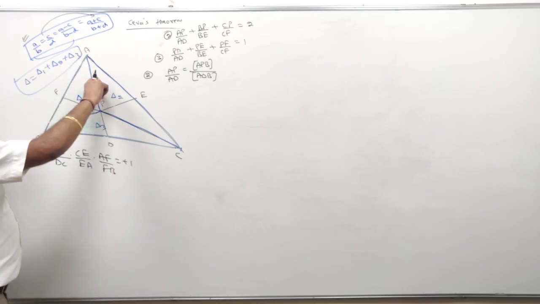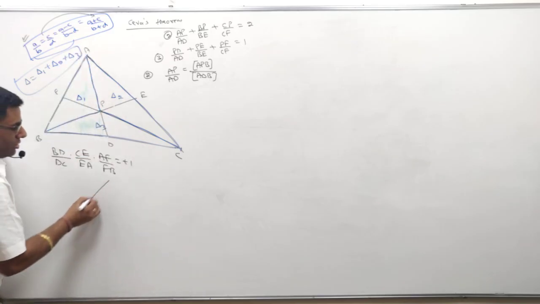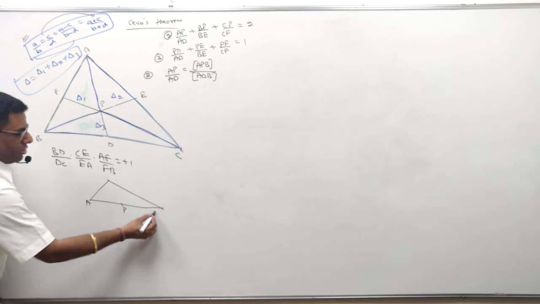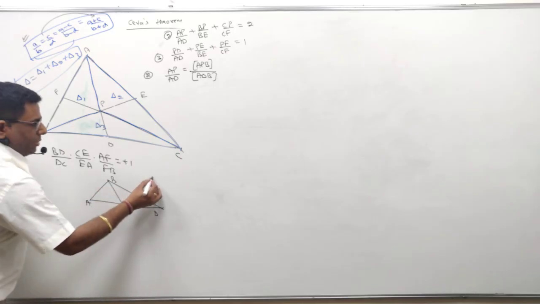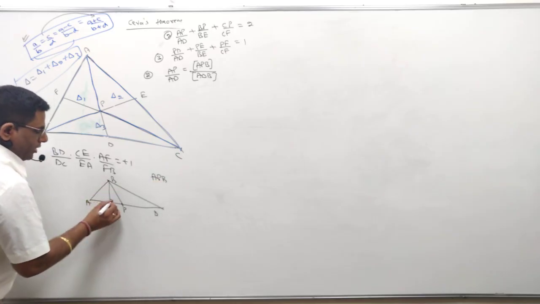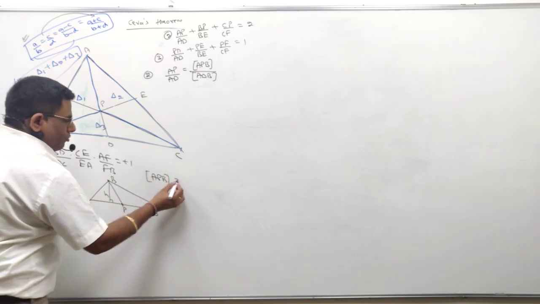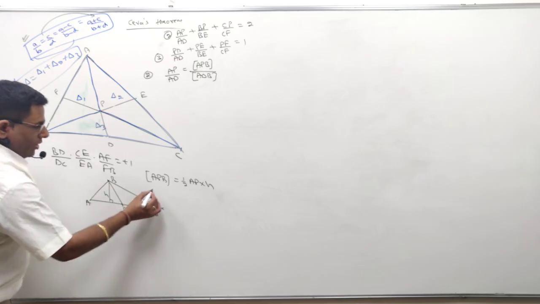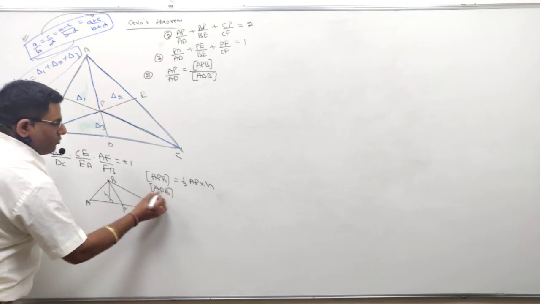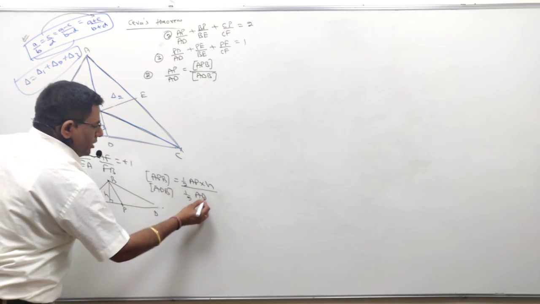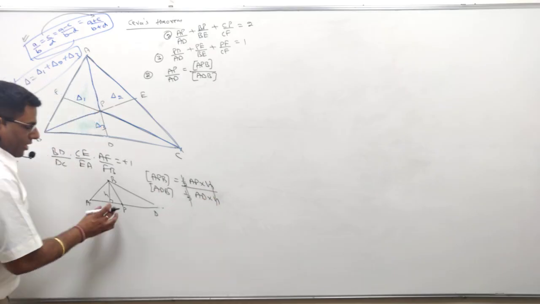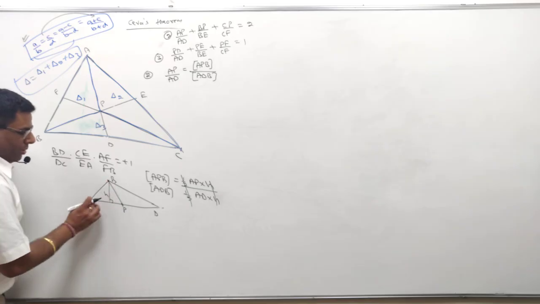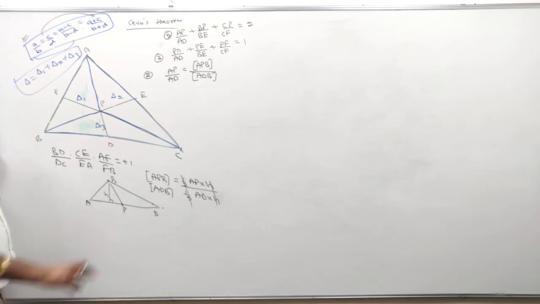If this is A, this is P, this is D, this is B, area of APB, this is the height H. APB area is half of AP into H, half base into height. Area of ADB becomes half of AD into H. Cancelling this, we get AP is to AD. AP upon AD, this side upon total side, becomes area of APB upon area of ABD. Hope it is clear to all of you.